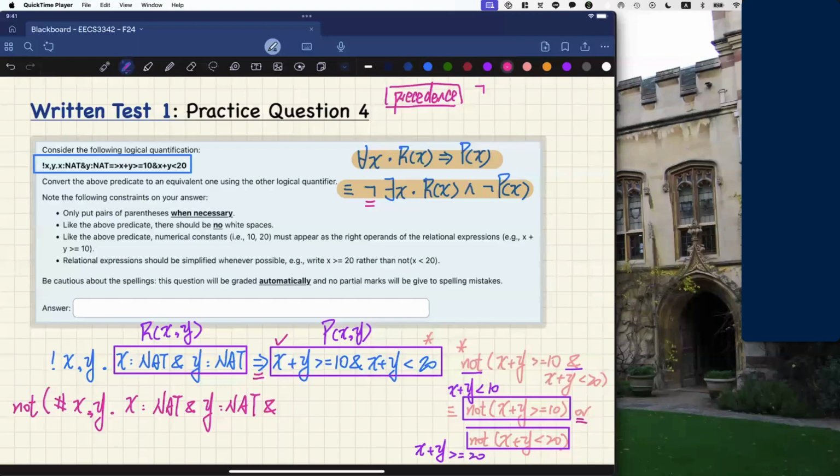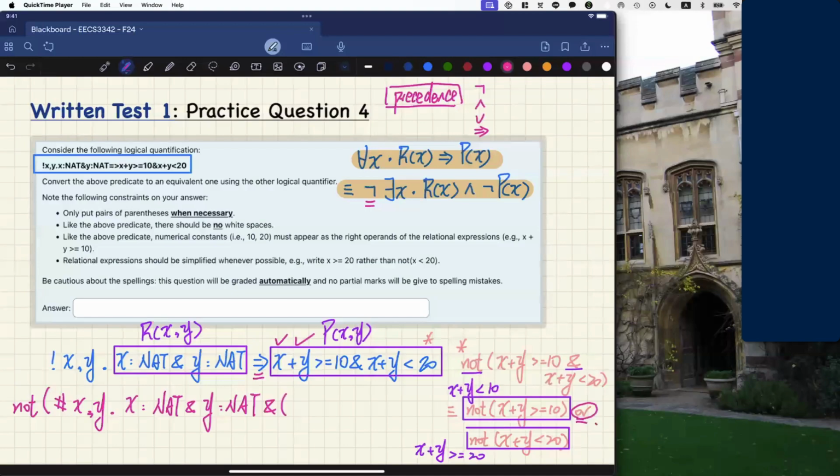That's the strongest. And then conjunction, disjunction, and then you have implication. But in this case, because we need to have OR, we want the OR to be evaluated first, right? It's part of the property here. So that's why we got to bracket it.